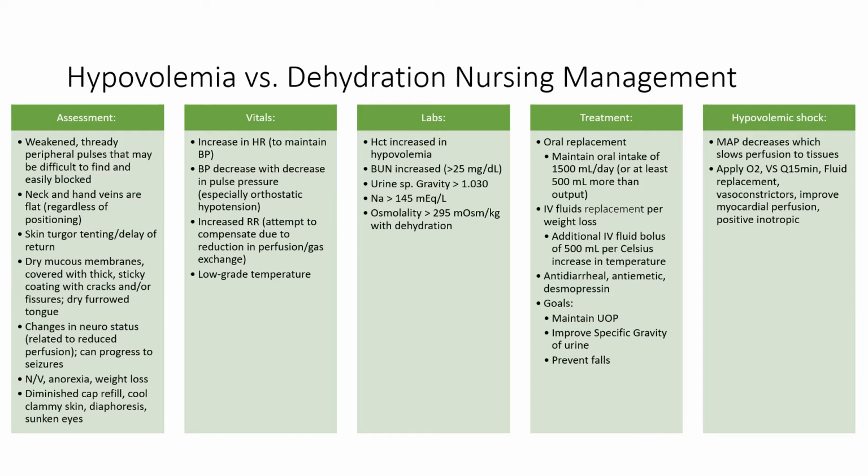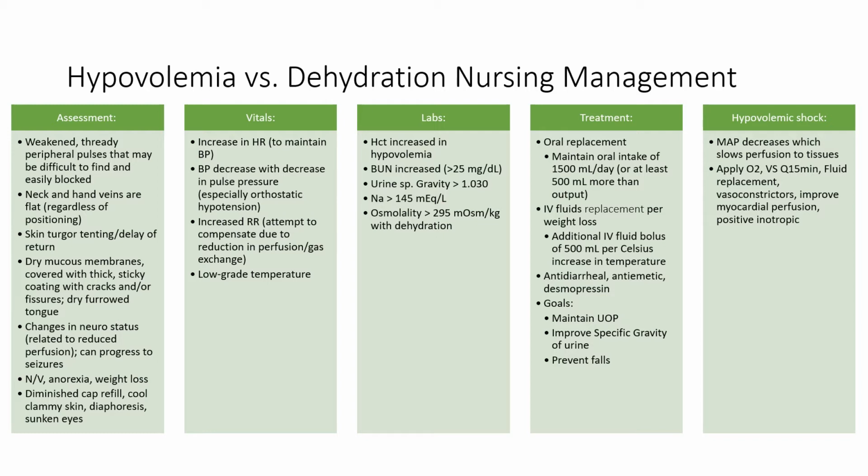Now, complication that can occur if this is caught too late, treated too late, or what have you, hypovolemic shock can occur. This is when the mean arterial pressure decreases, which slows perfusion even more to tissues, and thereby slowing down perfusion, we're not getting oxygenated. So one of the main things here we're going to start with treatment-wise is going to apply oxygen to them. Vital signs every 15 minutes because that blood pressure and heart rate can change drastically in very short period of time.